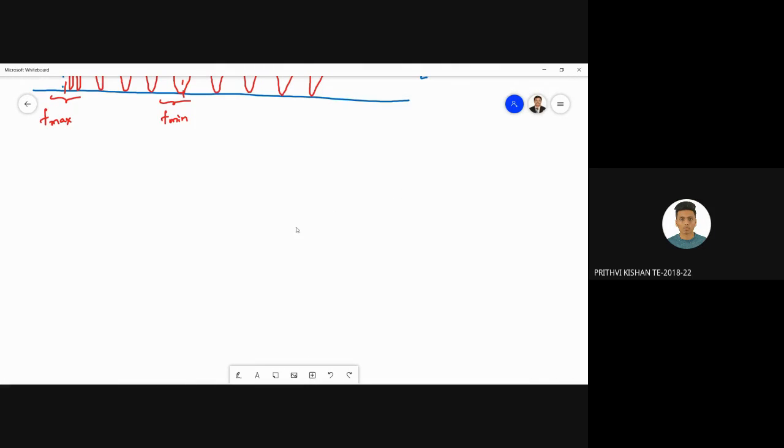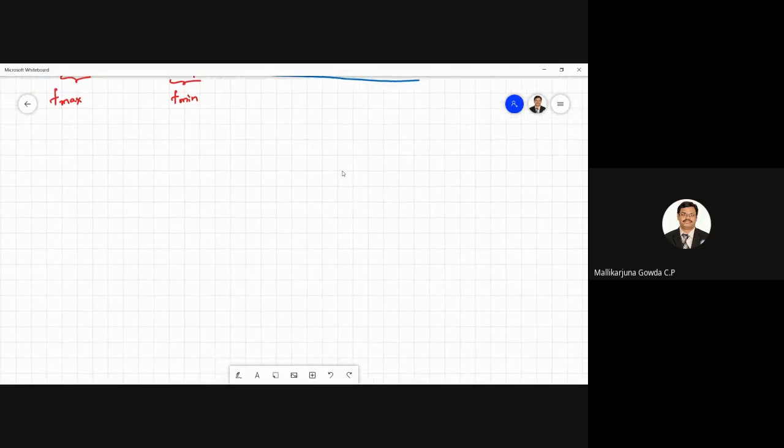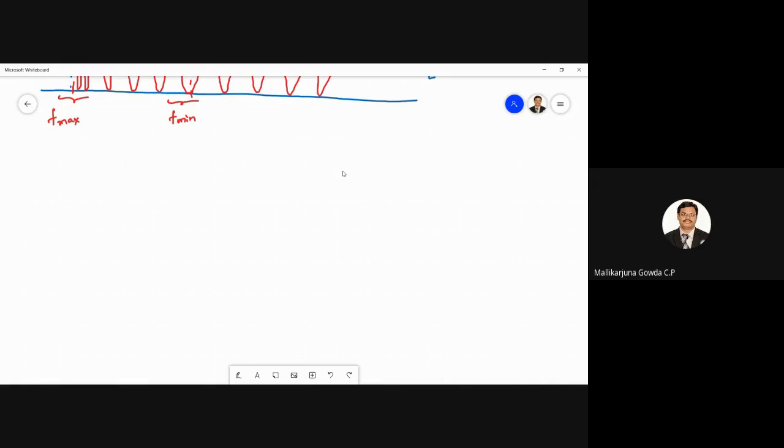See, if it obeys the principle of superposition, then we say the system is linear. If it is not obeying the principle of superposition, then we say it is non-linear. So FM and PM, or we say angle modulation, is a non-linear modulation.